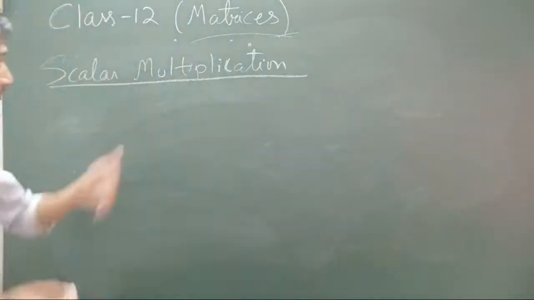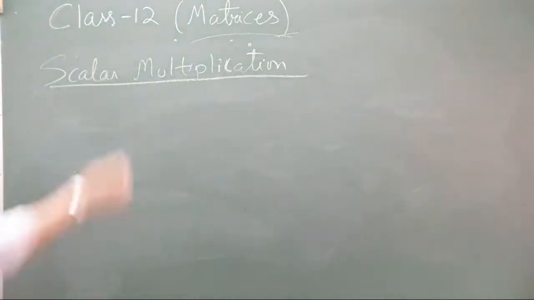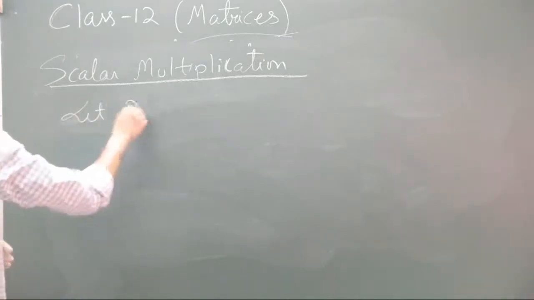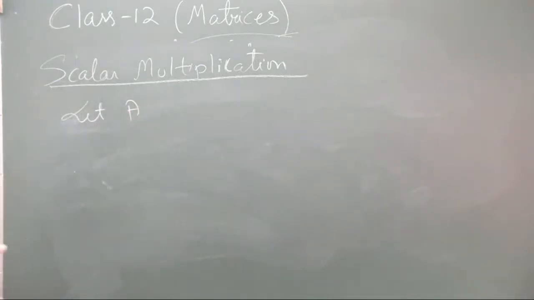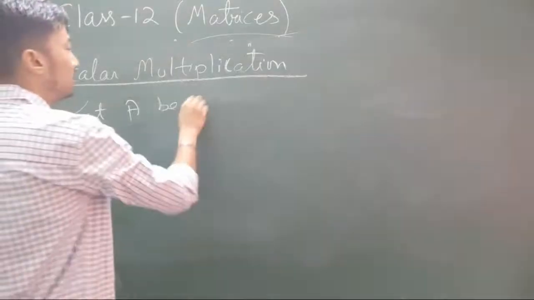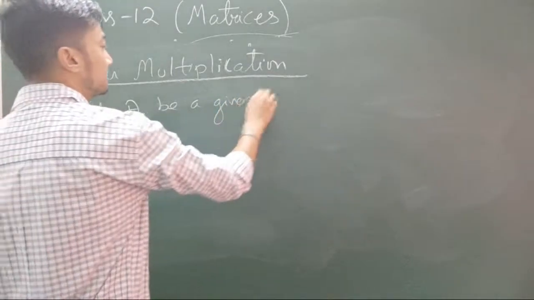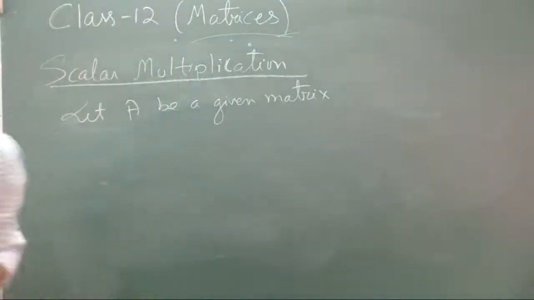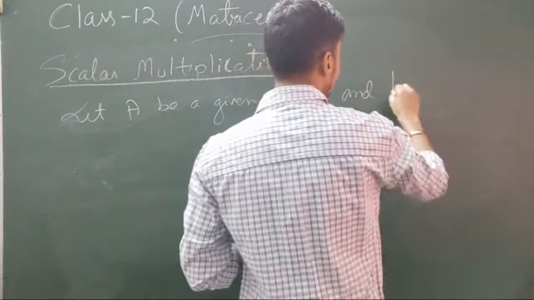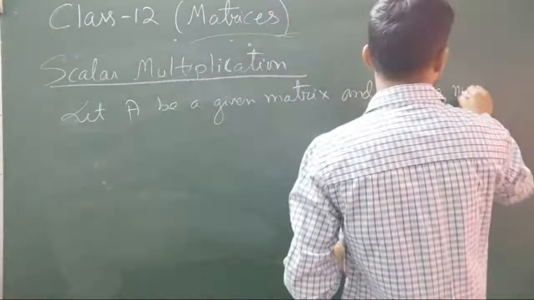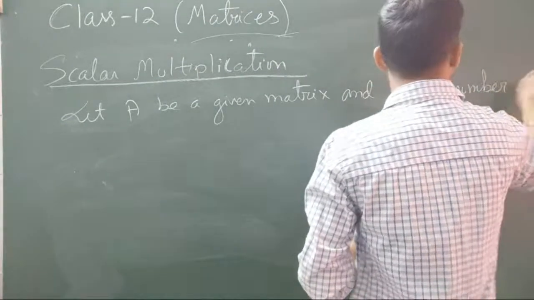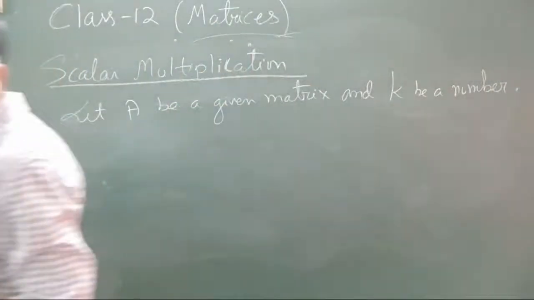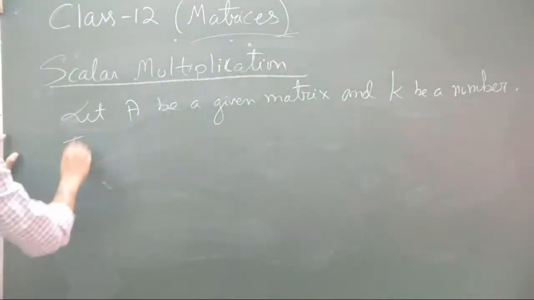Now scalar multiplication, this is important. How do we multiply a matrix by a scalar? Let A be a given matrix and let K be a number. Number means a scalar.